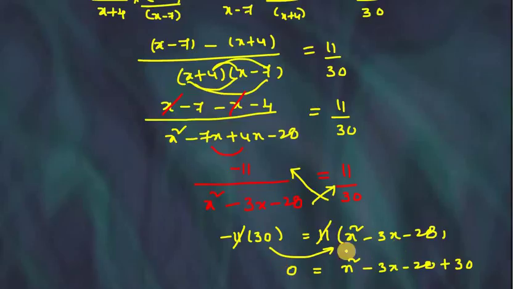Why plus 30? So this is a simplification. We can go further. This one we can write as x square minus 3x, 30 minus 28, so you will get plus 2, and is equal to 0.